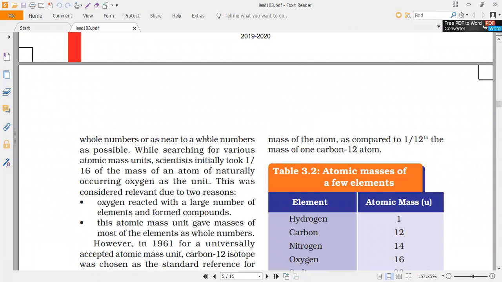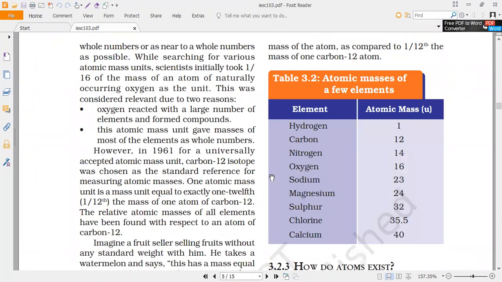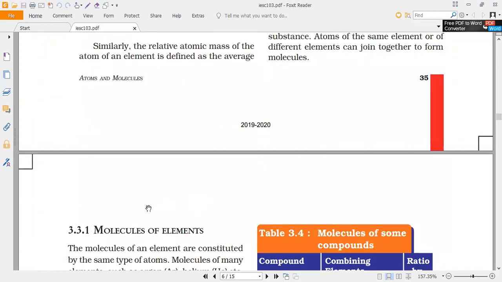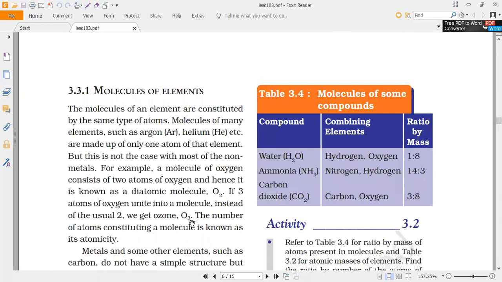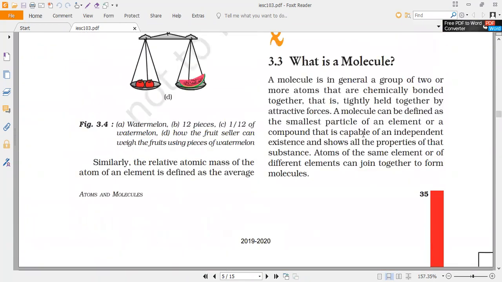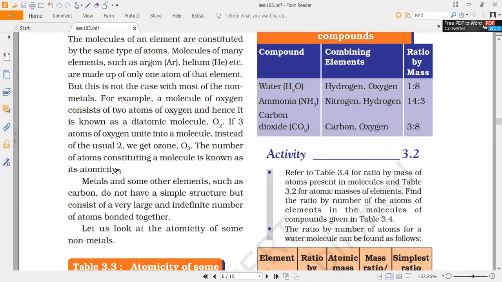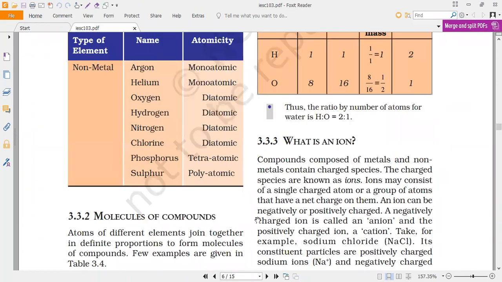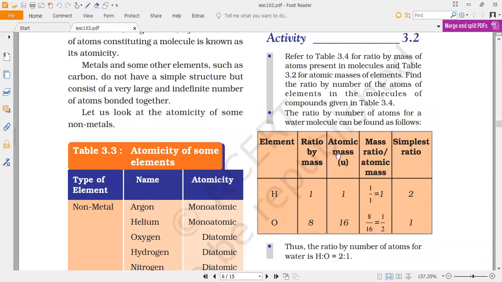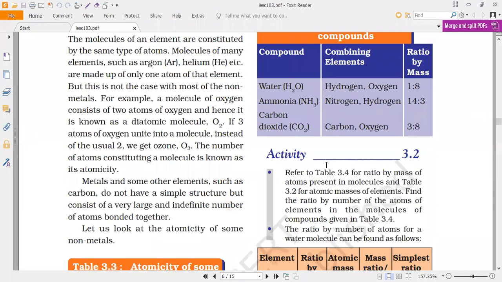Today's class, we are going to study how atoms exist. Molecules of elements and molecules of compounds are completed. Now we are going to study how to find the simplest ratio of atoms.